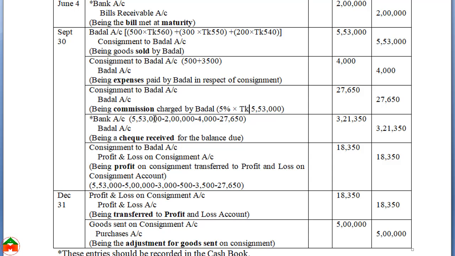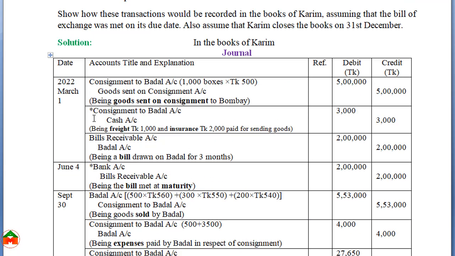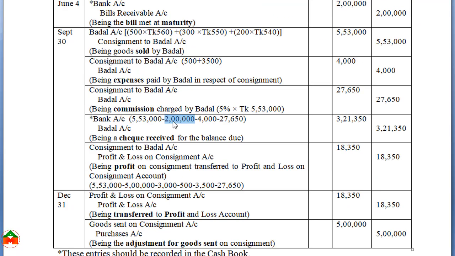We can see this is the sales proceeds. From this sales proceeds, the 2 lakh is paid. We can see 2 lakh is paid in the initial stage. This 2 lakh is deducted. Then this 4,000 expense by the consignee and this 27,650 is the commission by the consignee.